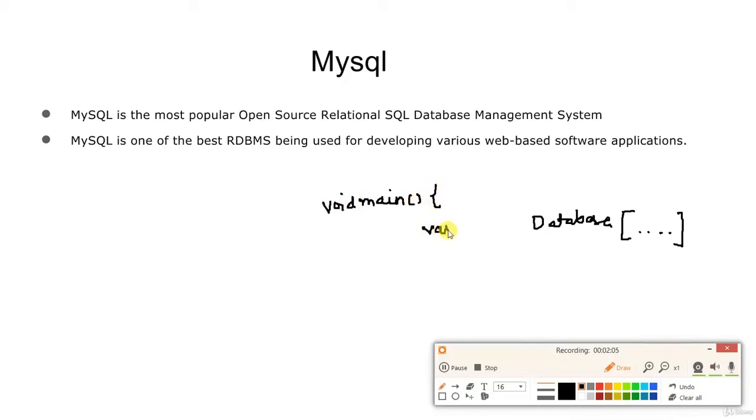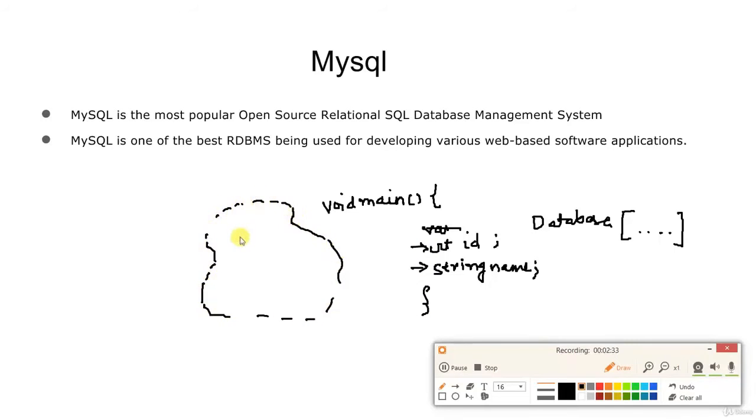Suppose you declare an int ID, and then you declare a string name. What is the lifetime of these variables? They exist only while the program runs. If this is your RAM, these variables will be allocated inside your RAM, but once the program finishes its execution, you can no longer access them.